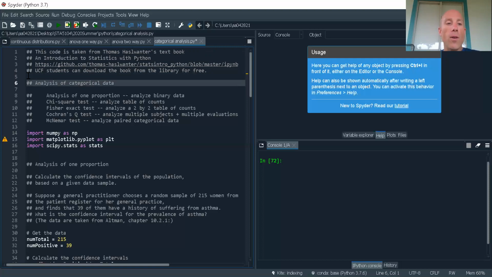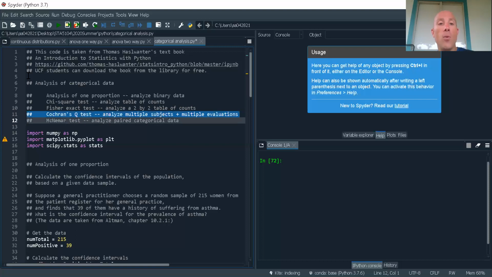All right, so we're interested in analysis of categorical data. First, we're going to look at how to analyze binary data if we're interested in analyzing the proportion of success or failures. Then we're going to look at analyzing tables of counts. And when I talk about a table, that's a rectangular table of numbers. Then we're going to look at a special test that is for 2x2 tables of counts.